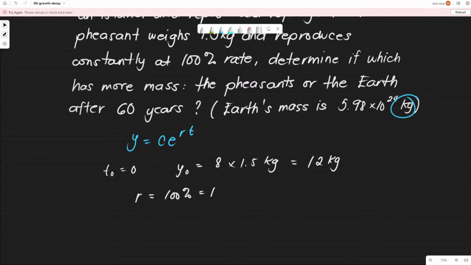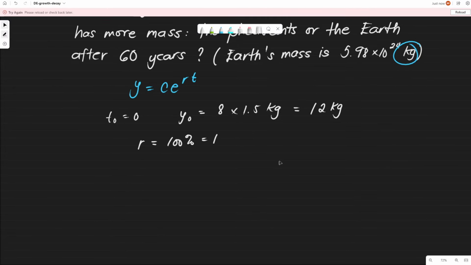Okay, guys, ang rate natin, it can be greater than 1, depende. Kung sabi sa problem is nagre-reproduce yung organism na to at the rate of 150 percent, wala tayong magagawa doon. But from percentage, kailangan nyo siyang i-convert into decimal, para mas madali nating ma-compute.